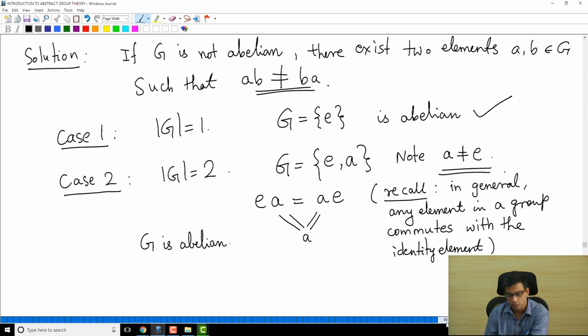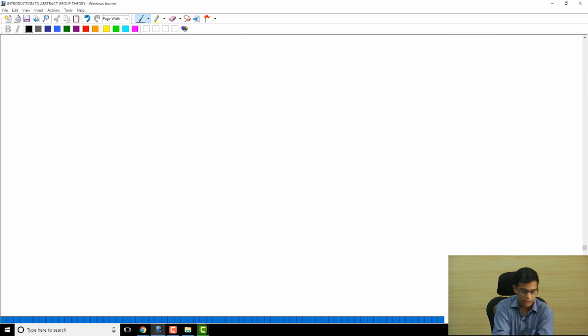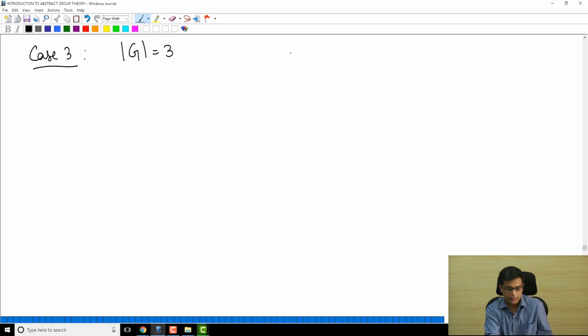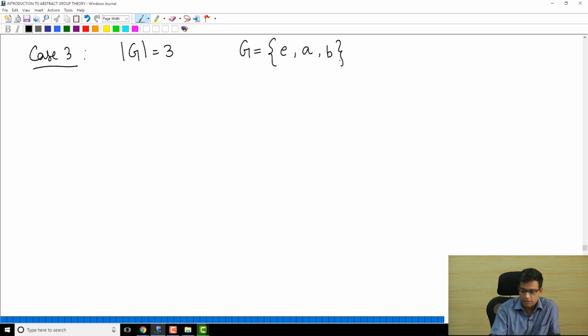So, we are done with order 1, order 2. We have to still consider order 3, 4, 5. So, case 3, order is 3. By the same convention as in the previous case, I am going to enumerate and give names to the elements. E is one element, that is the identity element. Let us pick A as the second element and let us pick B as the third element.